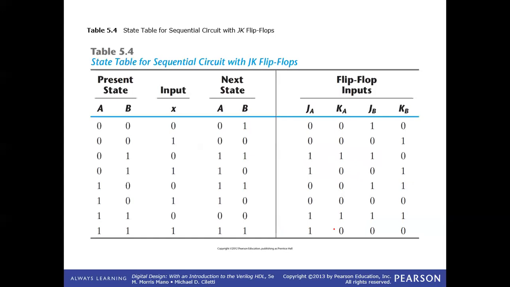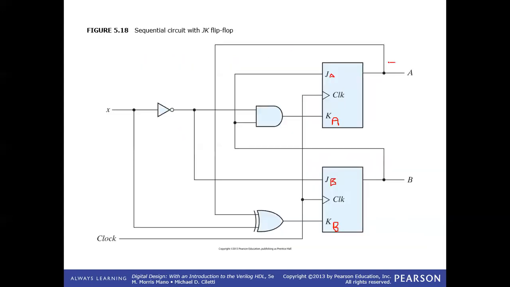Okay. So he says that we have present state A, B, 0, 0, and we apply a 0 input to X. So let's say that A is 0 and B is 0, and a 0 is applied to X. Now tell me what's going to happen. Add this NOT gate. So one, sir. So a 1 over here. What's the input of this AND gate? 0.